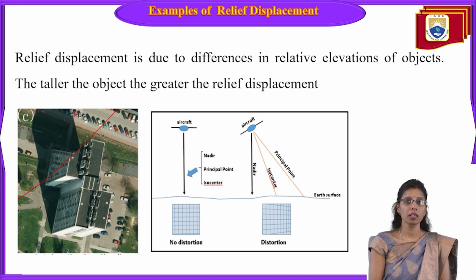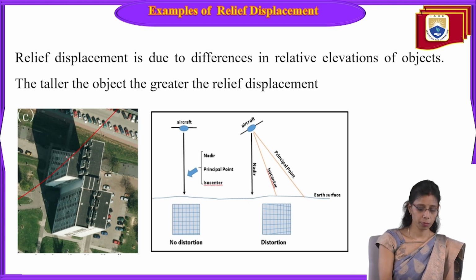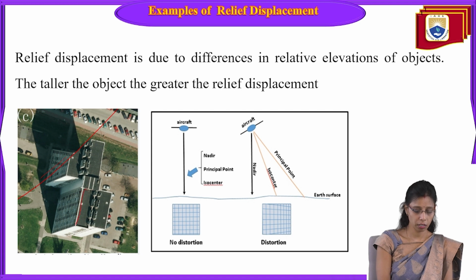Okay. Now in the other slide, you can see a much clearer picture. So this is your relief displacement again. Now you can see the top and the side. If you want to find out the height of this building, what do we have to follow?